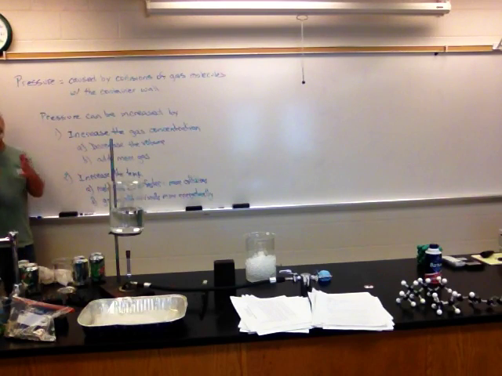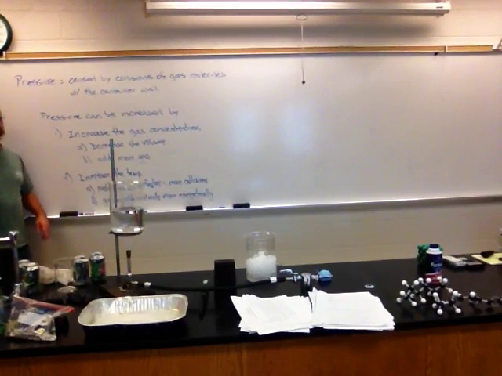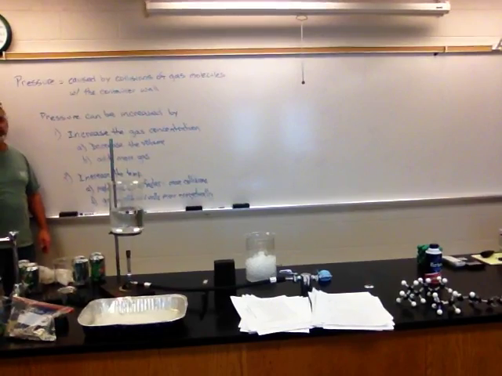Most of the time, when it tells you what pressure to put in your car tire, it says cold tire pressure, in other words, before you start driving. Most of them say 32 PSI. Because once you start driving, the friction causes the tire to heat up, causes the pressure to go up, generally about 3 PSI, pounds per square inch, just as the friction increases the temperature of the gas in the tire.